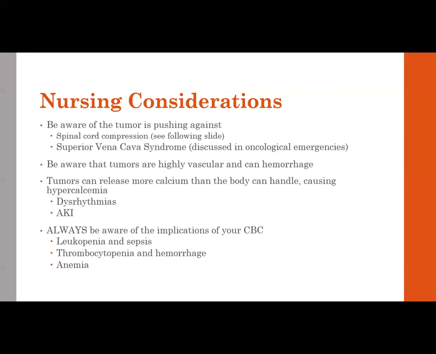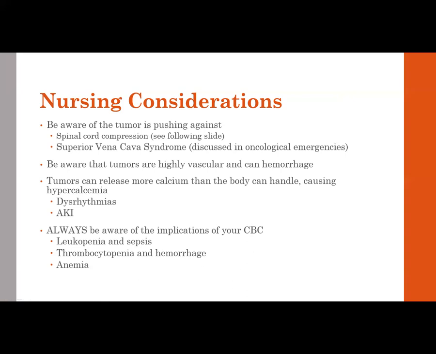And always be aware of the implications of your CBC. Leukopenia and sepsis: if I don't have enough white blood cells, I can develop sepsis. Thrombocytopenia, so decreased platelets, hemorrhage, and anemia. One thing I will say, especially because you're preparing for NCLEX, is make sure you've got a good understanding of what your lab values mean.